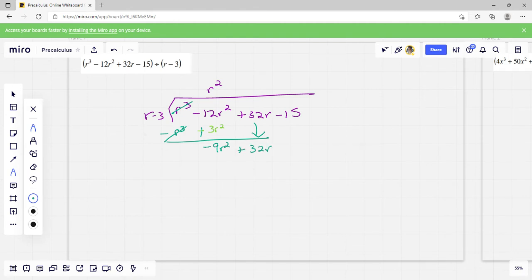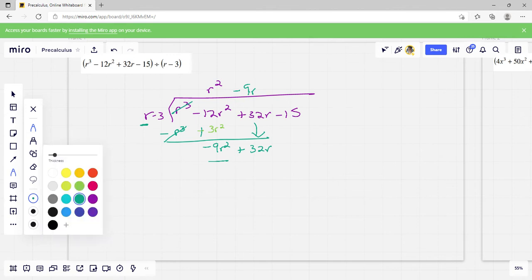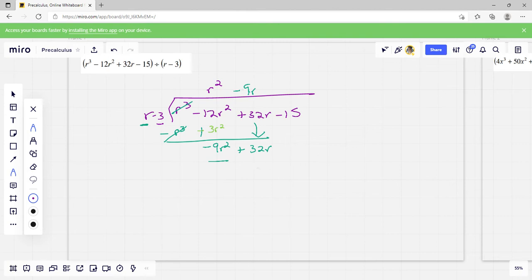All right, so now we need to see what we have to multiply r times to get negative 9r squared, and that would be negative 9r, okay? So once we figured that out, then we're going to go back and say negative 9r times negative 3. Negative times the negative will be a positive, and 9 times 3 is 27r.